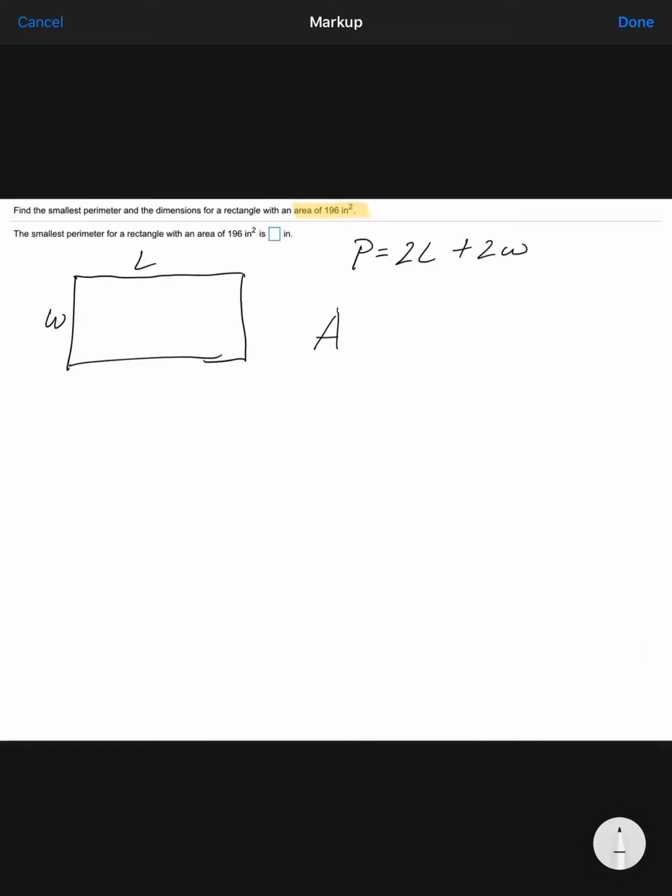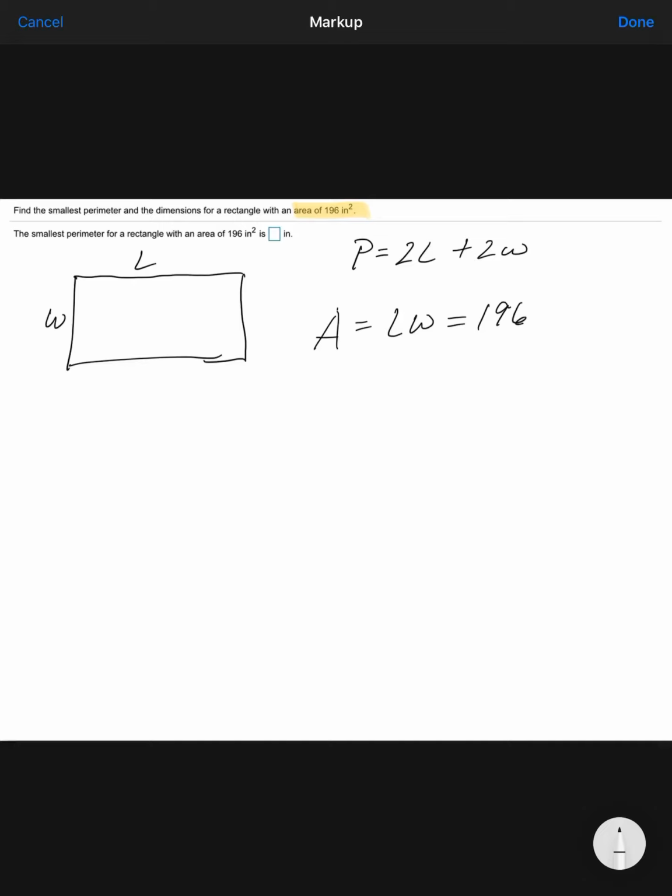The area of a rectangle is equal to length times width. It said that area is equal to 196 square inches. Now we can see why we pulled it in.